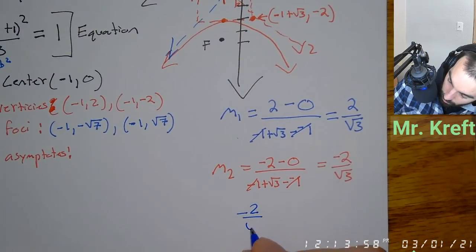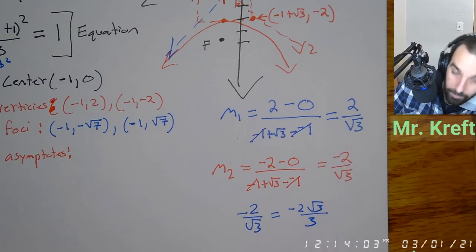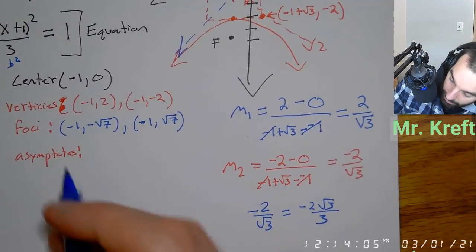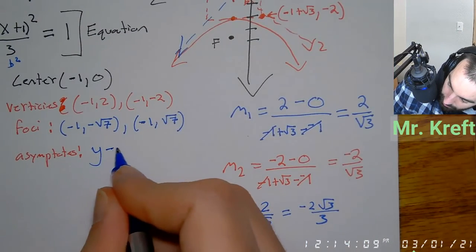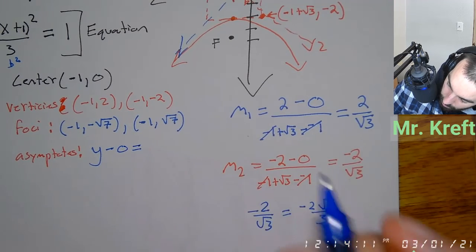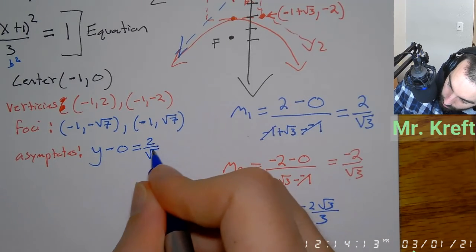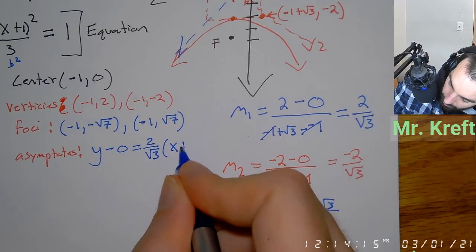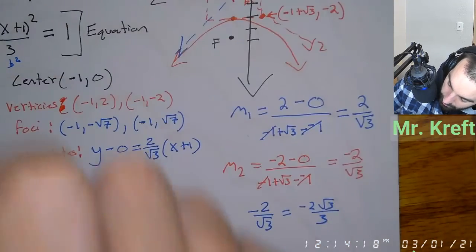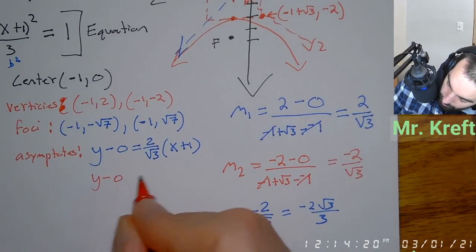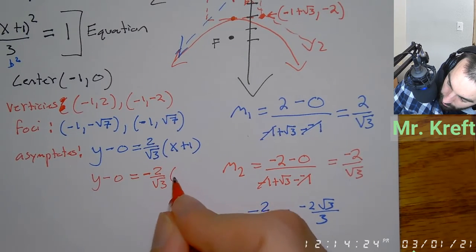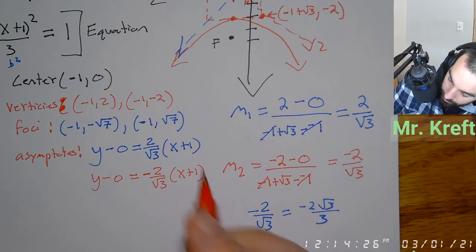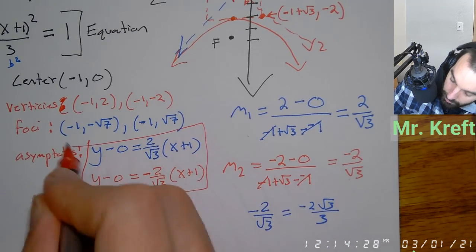So -2 over root 3 would be the same as -2 root 3 over 3. Okay, so my asymptotes, when I go to write these, it's going to be y minus 0 equals 2 over root 3 times x plus 1, and y minus 0 equals -2 over root 3 times x plus 1. Okay.